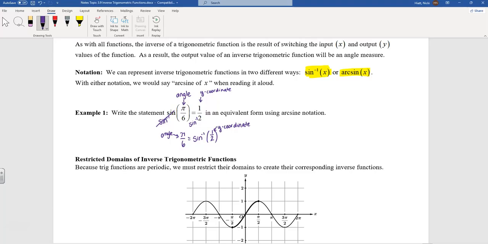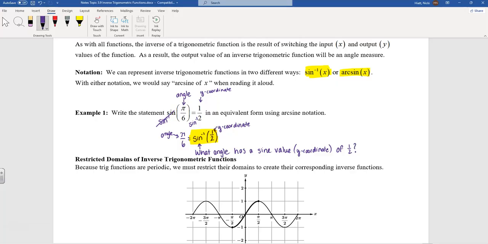For this, I think it's helpful to understand what it means whenever you see inverse sine of 1/2. It means: what angle has a sine value, which sine is our y coordinate, of 1/2?